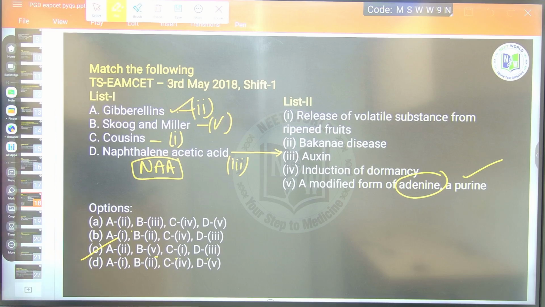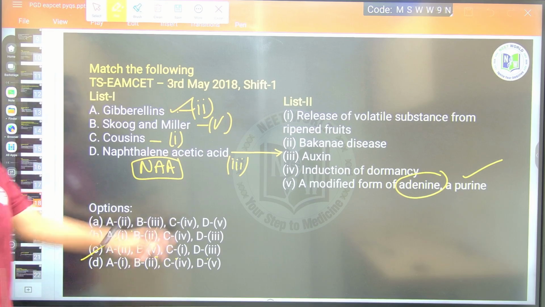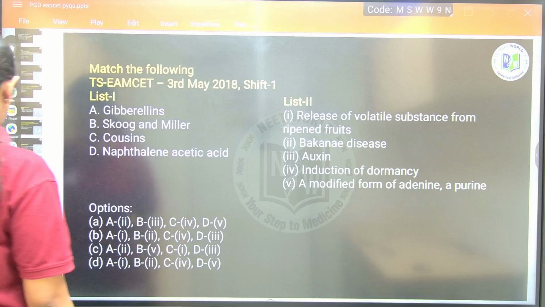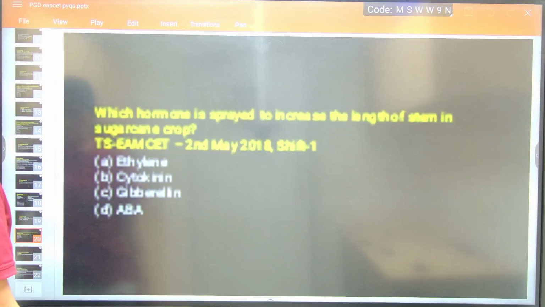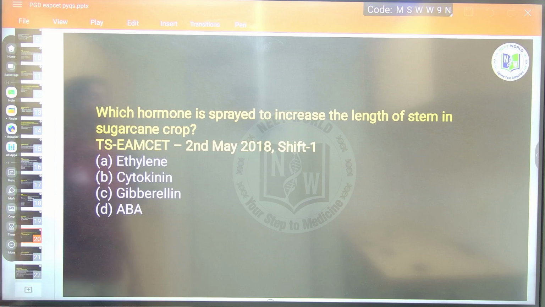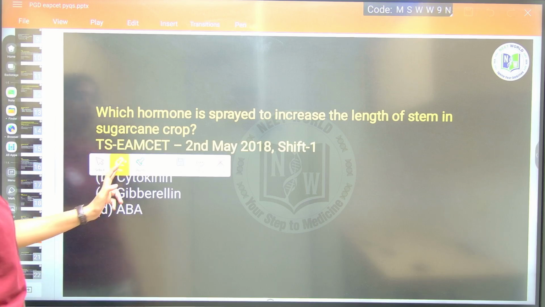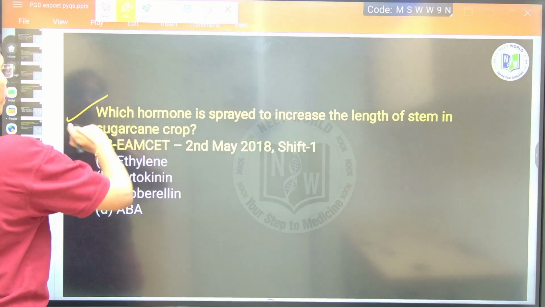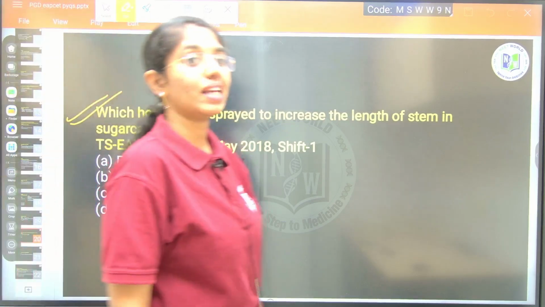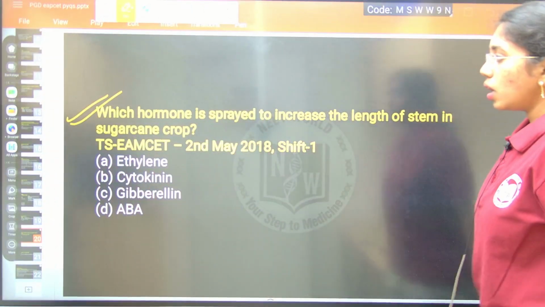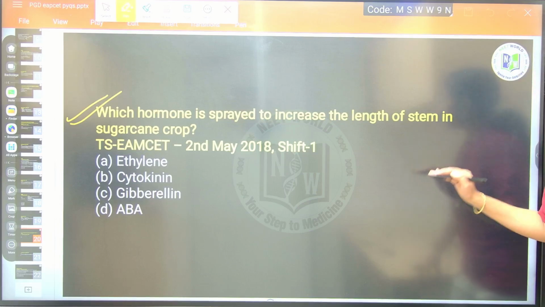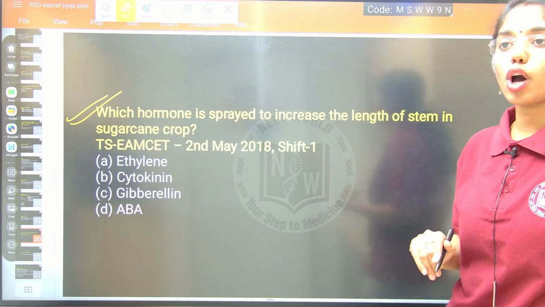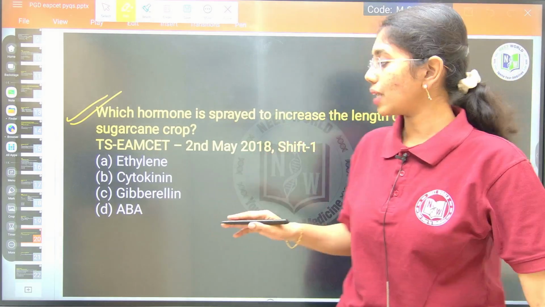Any doubt anywhere? Of course, to increase internodal elongation the hormone used is gibberellin.